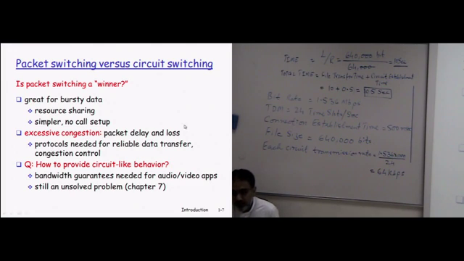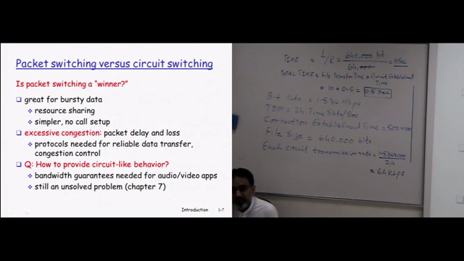We will look into these issues and study the layering model in detail. We do need protocols for reliable data transfer, in order to control congestion over the network and to give reliable data transfer.